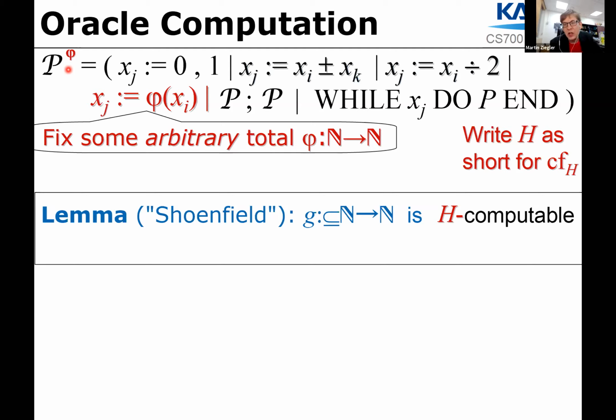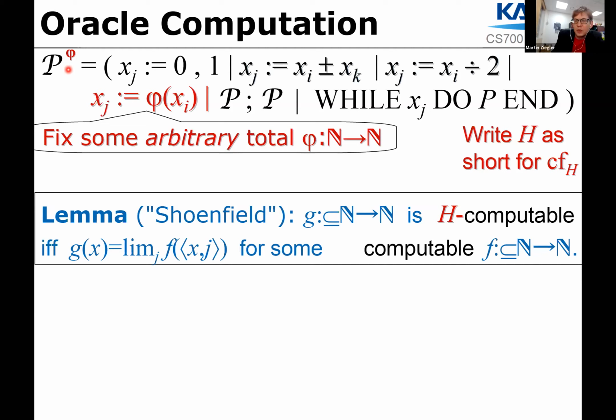So this is in general not a computable function, right? Because the while program can make oracle calls to this halting problem, which cannot be replaced by an ordinary while program without oracle. But Shoenfield's lemma characterizes what kind of functions can be computed in this stronger, in this enhanced sense with access to the halting problem.